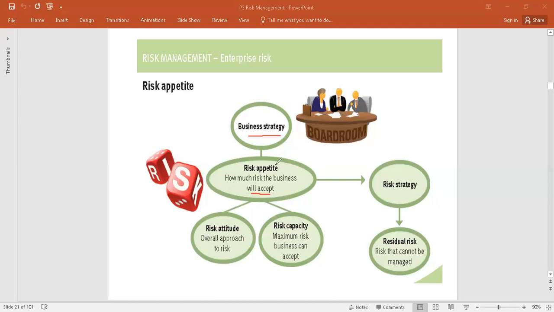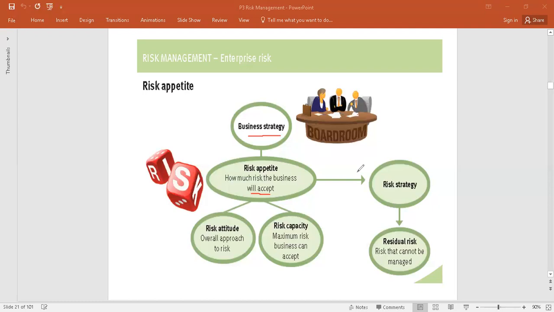Then the risk strategy would be framed to manage the risk, to ensure that the risky events that happen in the business can be effectively mitigated or managed. All measures will be taken to minimize the impact.